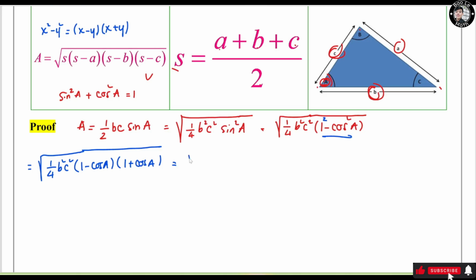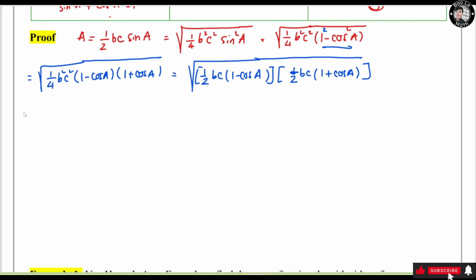So it's the square root of 1/2 bc times (1 minus cosine of angle A) times 1/2 bc times (1 plus cosine of angle A).